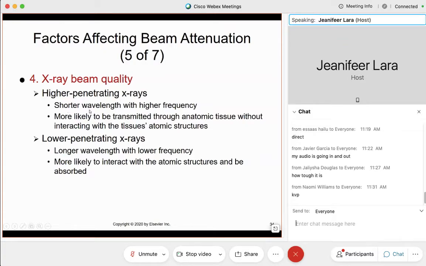A shorter wavelength with a higher frequency is indicative of higher penetrating X-rays, which will likely transmit through anatomic tissue without interacting with the tissues. So more transmission. Lower penetrating X-rays have a longer wavelength and a lower frequency. They're more likely to interact with structures, or beam attenuation. Higher beam quality, more transmission. Lower beam quality, likelier for beam attenuation.